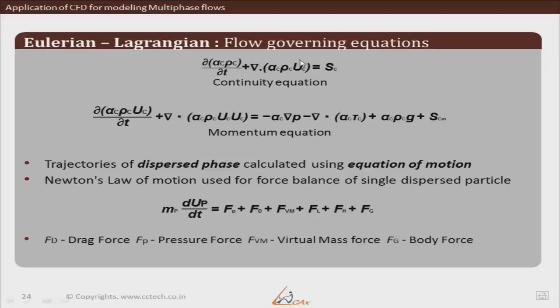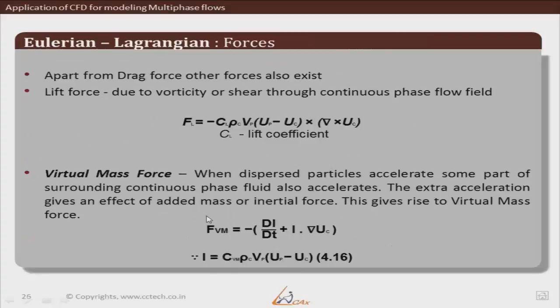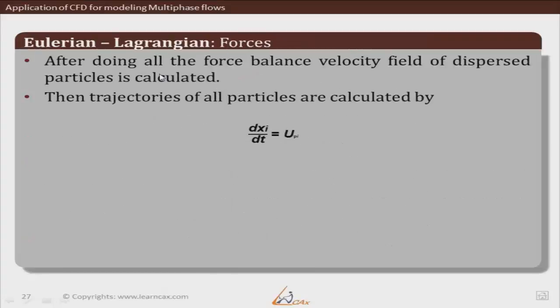So what we do is basically solve continuous flow equations for the primary phase. Then using this, we use the momentum exchange and find the interactive forces between the primary phase and the secondary phase, and then we calculate the velocity of the secondary phase or the dispersed particulates. After calculating the velocity, in order to calculate the path followed by the secondary or the dispersed phase, we use the basic definition of velocity, that is this.